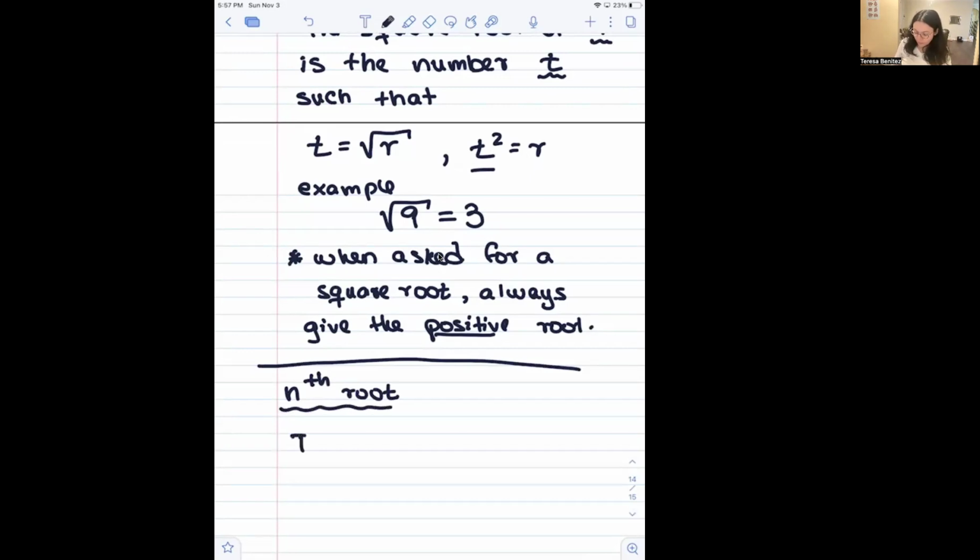All right, the nth root, where n can be another number that's not 2, or it could even be 2 as well.